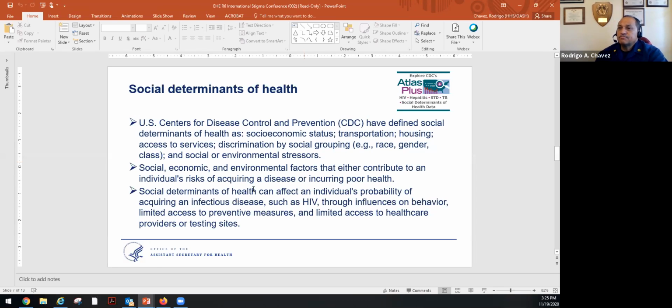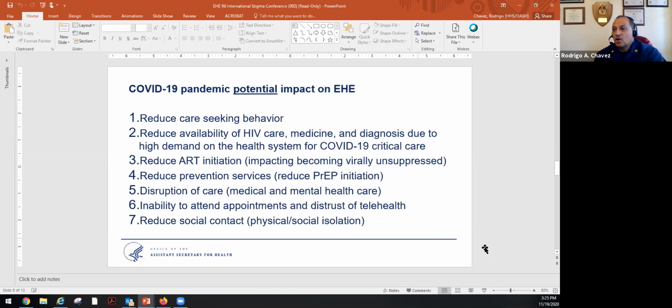There's also the uncertainty of how long the pandemic or the crisis would extend. That also creates a lot of mental health issues, not only for the consumer itself, but also for the providers. The providers have to go out there and face the potential for exposure, for acquiring the COVID virus.